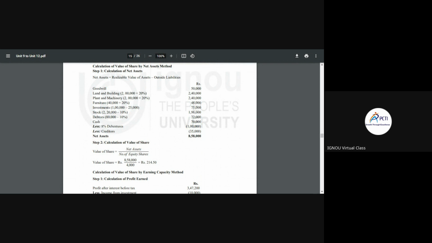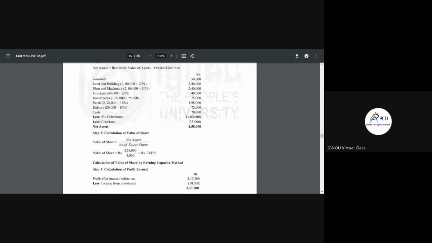Stock 2 lakh 20,000, deduct 10%, 1 lakh 98,000. Debtors 80,000, deduct 10%, 72,000. Cash 70,000. Then we deduct 8% debentures of rupees 1 lakh, deduct creditors 35,000, net asset 8 lakh 58,000.